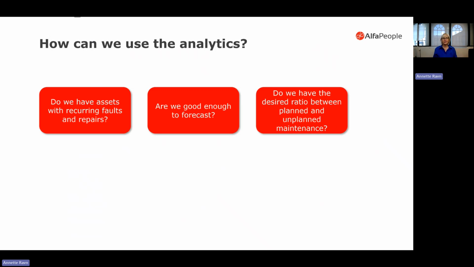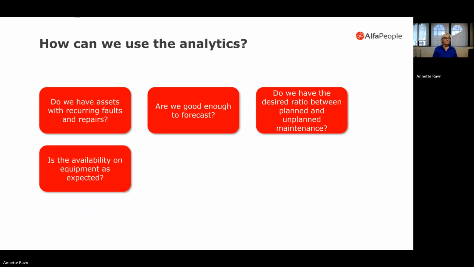And then have a look at, okay, is that actually also what we're seeing? Is the availability on the equipment as expected? Again, it's not possible to have 100% availability, but is it the availability as you would expect or as you would like to see? And again, is it going up or is it going down? Do we see something that's going in the wrong direction?